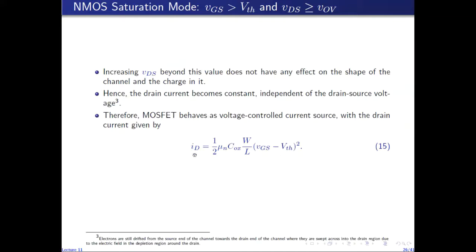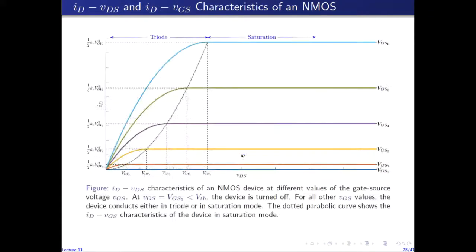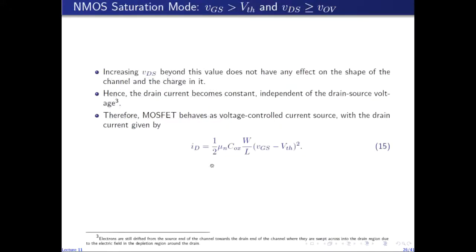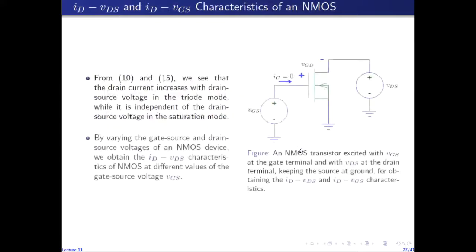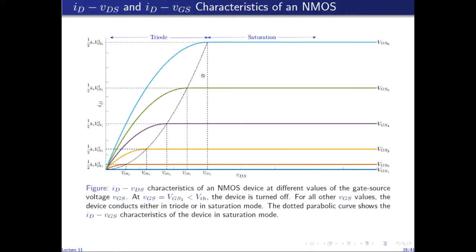ID being quadratically dependent on VGS suggests that these values of the saturation current lie on the parabolic curve, which is shown by this dotted curve here. This dotted parabolic curve is the plot of this equation, and hence represents the ID-VGS characteristics in the saturation mode of operation of the device.